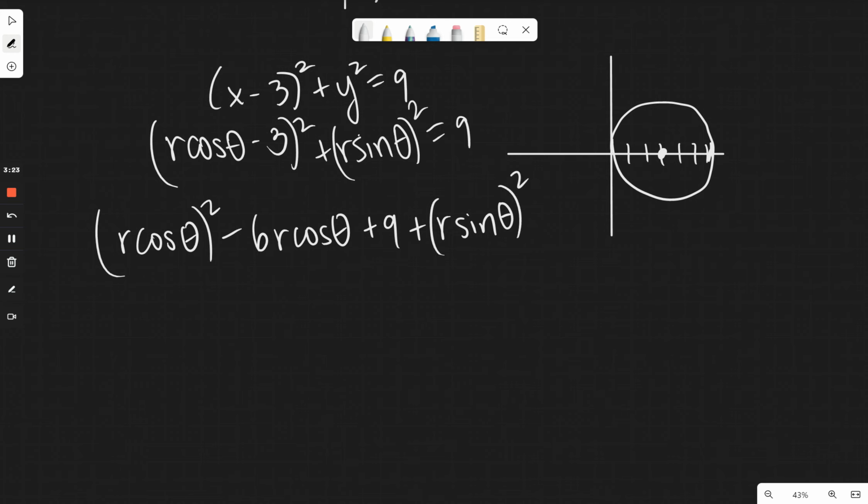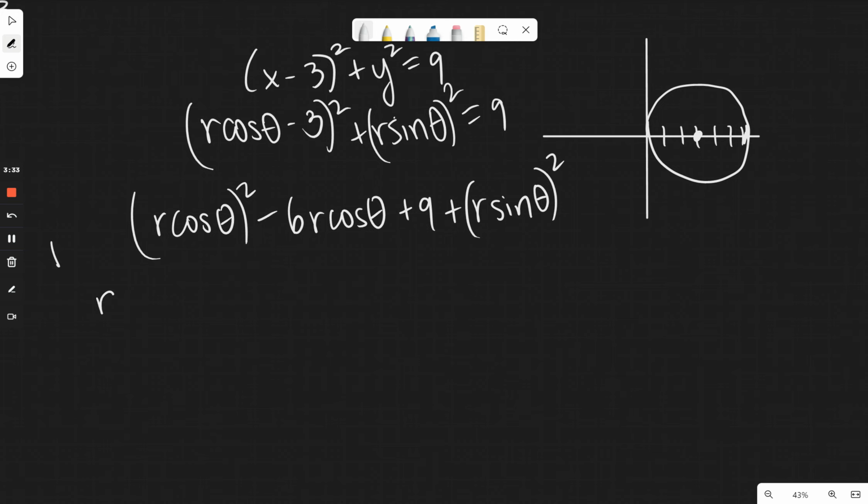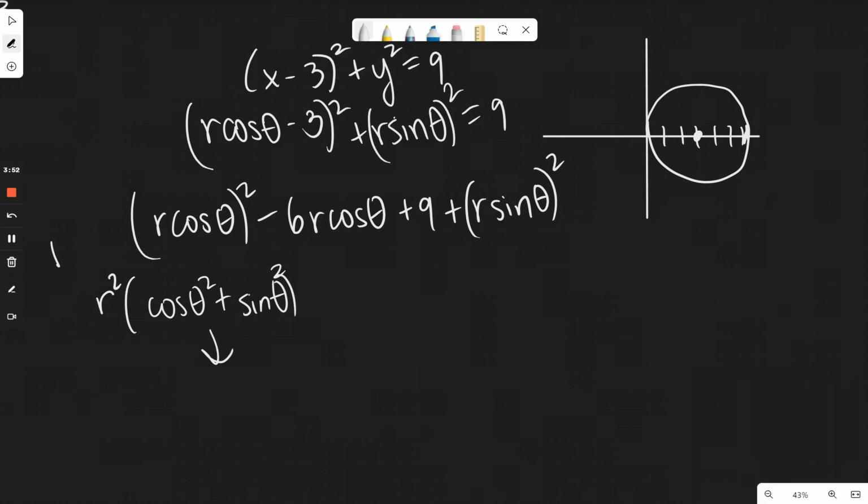If you notice, we have an (r cosine theta) squared here and an (r sine theta) squared here, so we can turn this into r squared times (cosine squared theta plus sine squared theta). We know that cosine squared plus sine squared is equal to 1, so this just turns into r squared times 1.